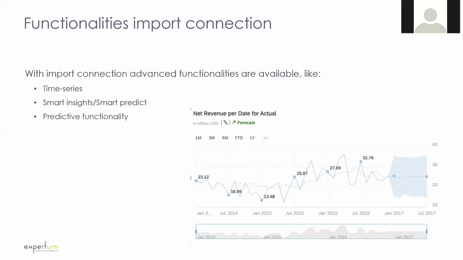And a question about the connections that you mentioned in the beginning. How about the write back data from SAC to BW? How are the connections made? I would say it's the same as the import connection. If you make a model, you tell SAC this is the connection that I'm going to use to import the data.